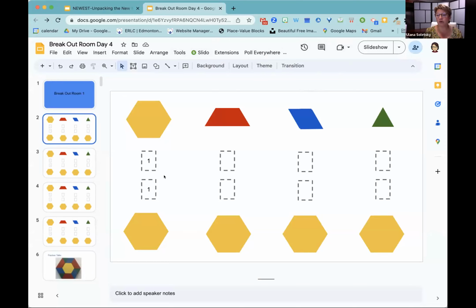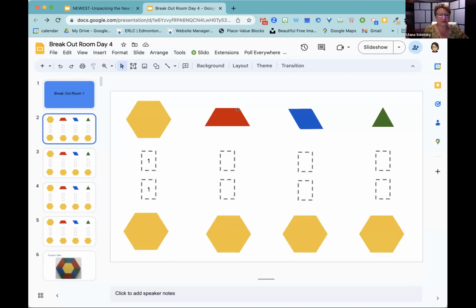So we're going to go into breakout rooms right away for about 10 minutes. Amy, I love, if this equals 1, then blank is equal to what? Love it. And that's what we're going to be doing.